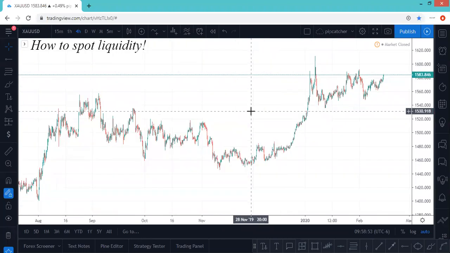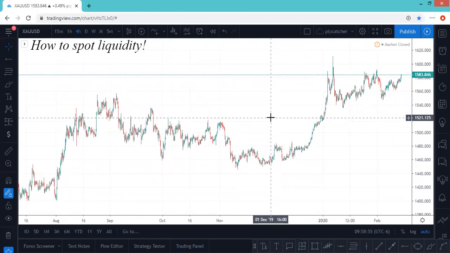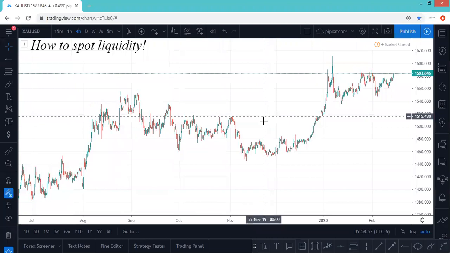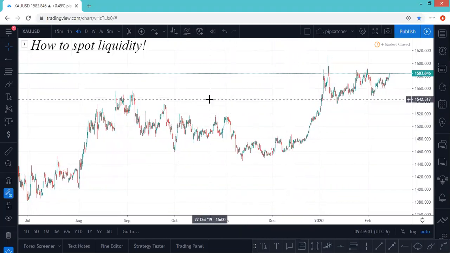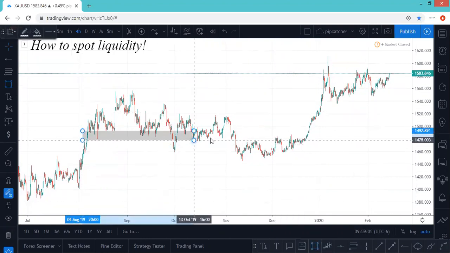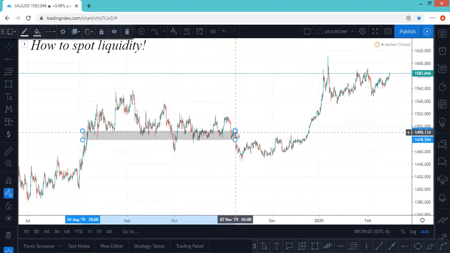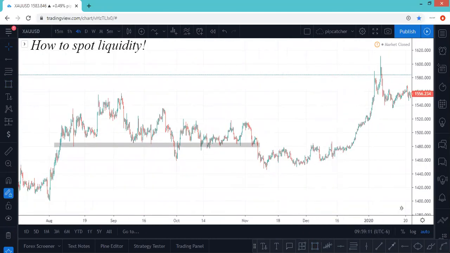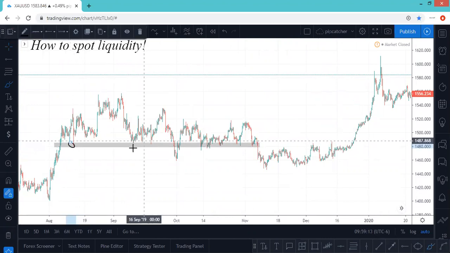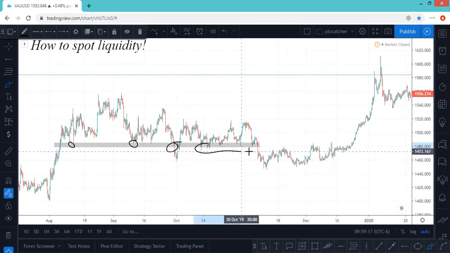Okay, so here we have another example on gold, and this will be our last example. Very clear. You can see all of this support here, right? So imagine, one touch, two touch, all of this here.